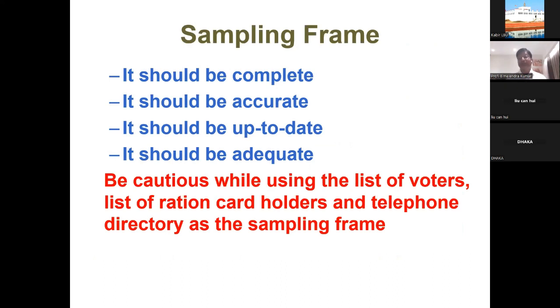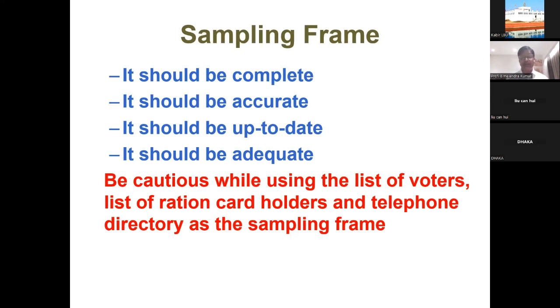Through a structure, a research scholar is planning to make statistical data or a sampling or survey method. So this frame or structure of the sampling method must be complete, accurate, up to date, and adequate also.